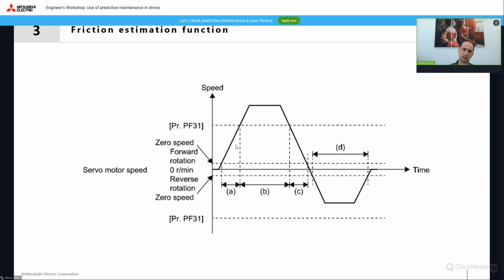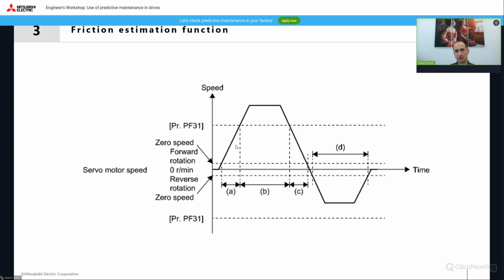This function generally works in almost all amplifiers, the same as the vibration estimation. So if you have a Mitsubishi amplifier starting from the MR-J4 series, MR-J4-B, A, GF, MR-J5, the vibration estimation and also the friction estimation work always. So it is a default functionality of our amplifier.